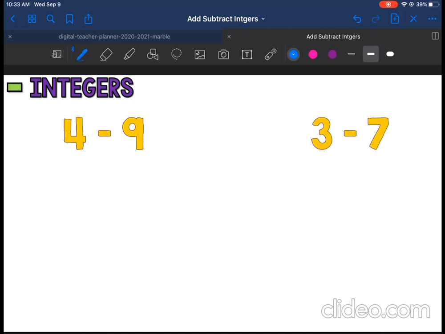Okay, 4 minus 9. Same rules. KCC. So I'm going to keep the first number the same. That's 4. I'm going to change subtraction to addition, and I'm going to change positive 9 to -9.